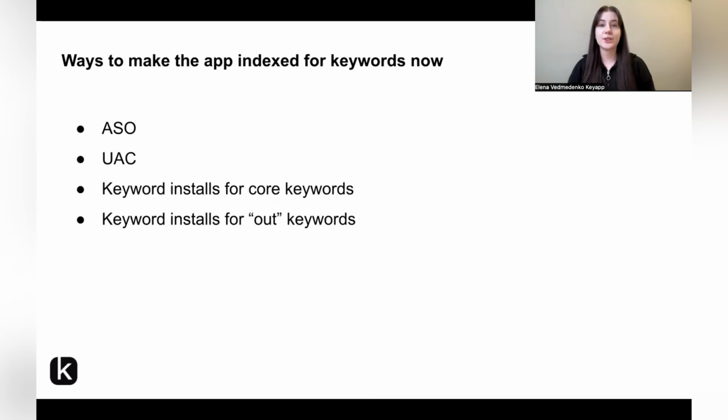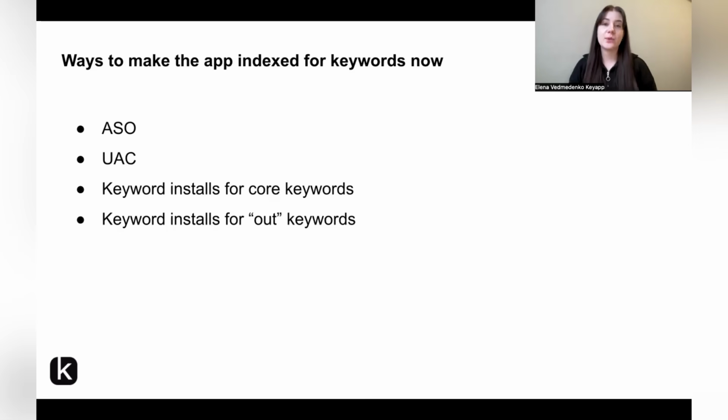For example, when you would like to make your application indexed for the keyword loan, but you do not have this keyword in rank, you promote connected keywords, like loan application for free, loan app for free, and so on. And the main tool we will discuss today is adding installs for the keywords for which your application is not indexed.